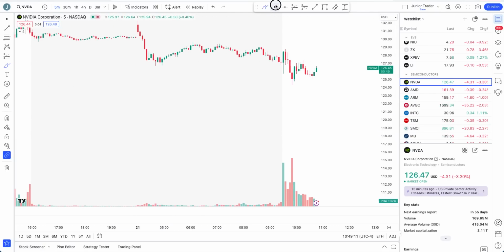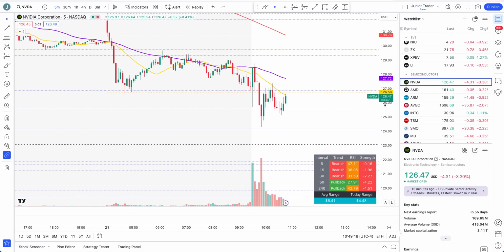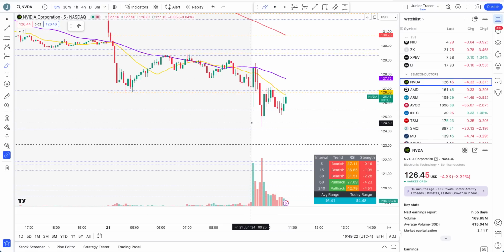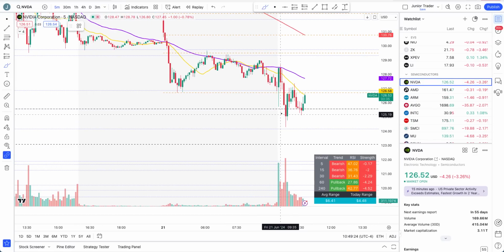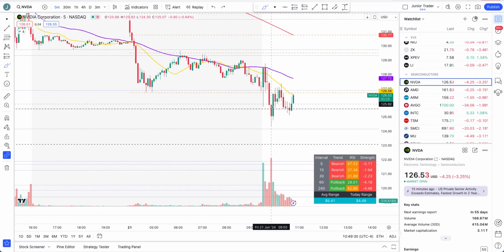What am I seeing? And again, guys, my videos are here to teach you what you have to look for. Decisions are yours, whatever you want to do, but have a stop loss regardless. What am I seeing on the 5-minute interval? I'm seeing that particular area where it dipped and got bought back up, so these could be areas of scalp plays as well. But what else am I seeing?